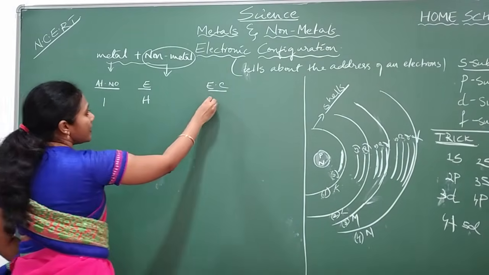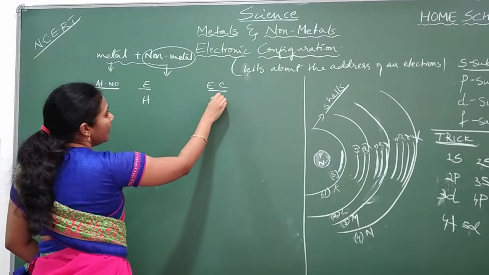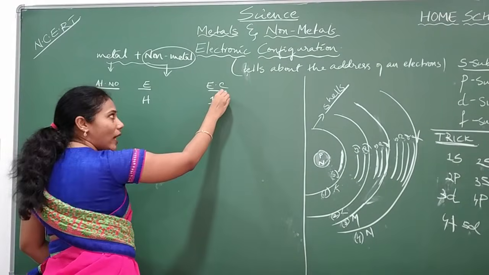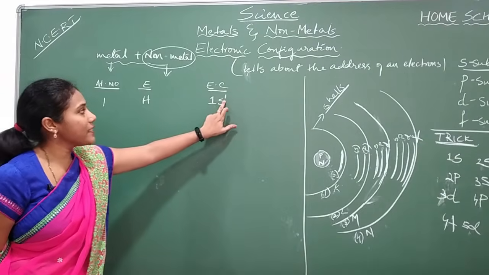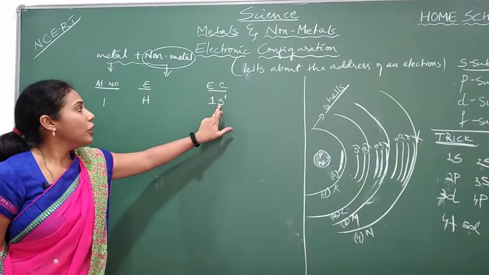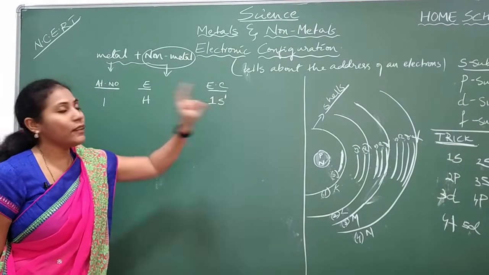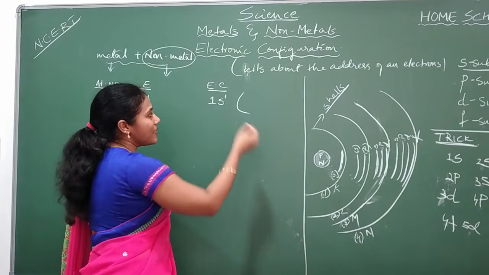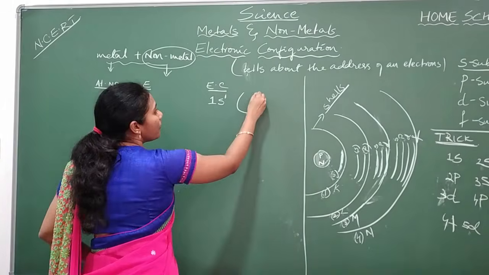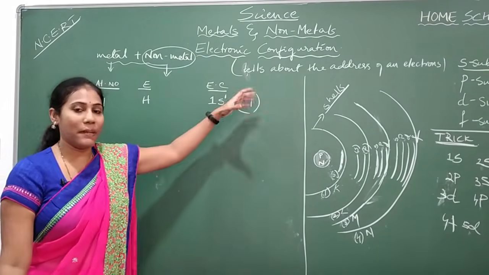So what is the electronic configuration? 1s, and that 1 electron is there, no? Here you have to mention it as a superscript. What does this 1 indicate? 1 electron. In the previous classes, you have written the electronic configuration for hydrogen as just 1.